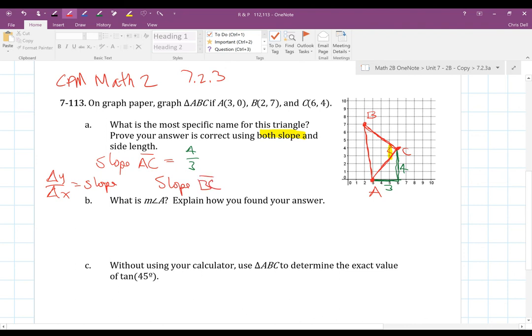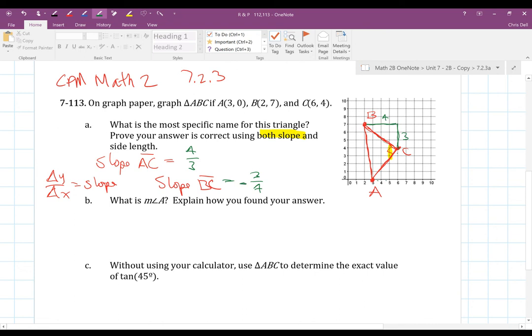Well, the slope of BC, let me get rid of my slope triangle there so that way I can keep talking about the same shape. Slope BC, once again, from B to C or C to B, the change of y is 3, the change of x is 4. So 3 over 4, and in fact, now it's downhill, it's decreasing, so it's negative 3 over 4.